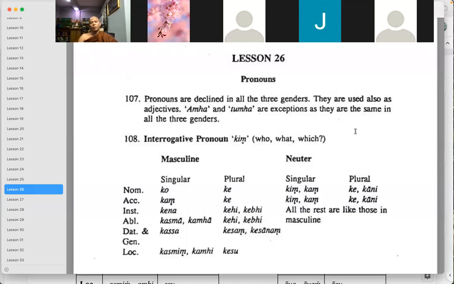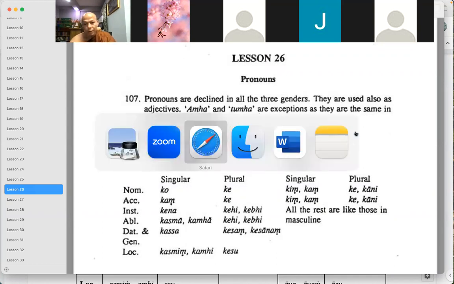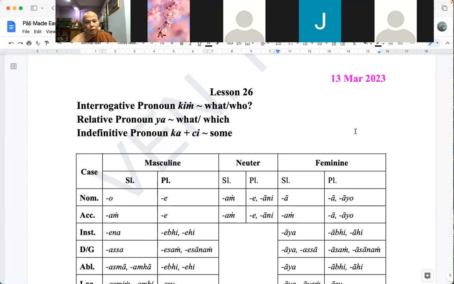But in modern grammar, like the Pali Made Easy or other scholars like William Geiger, they separate pronouns and numerals. But in traditional grammar, numerals are also included in the pronouns. So firstly, let us roughly understand the pronouns.